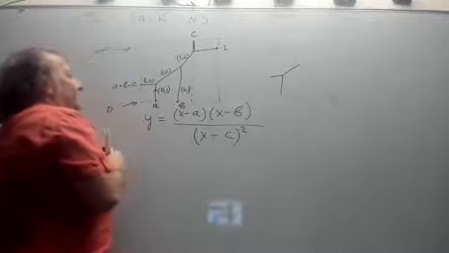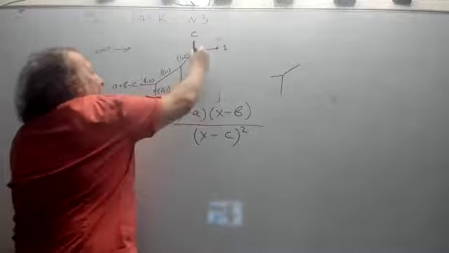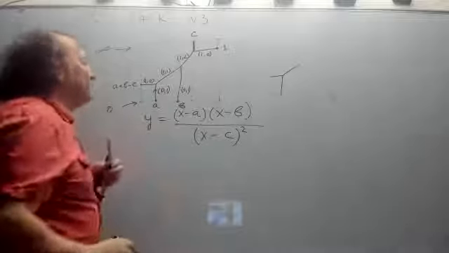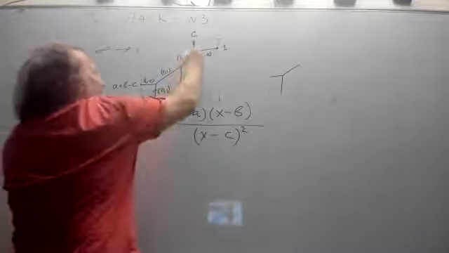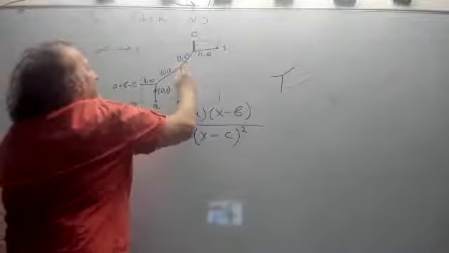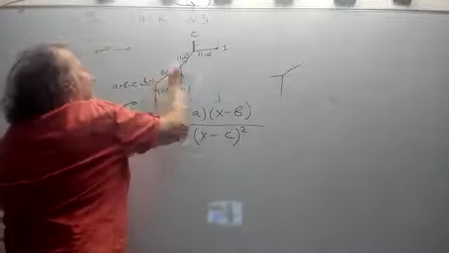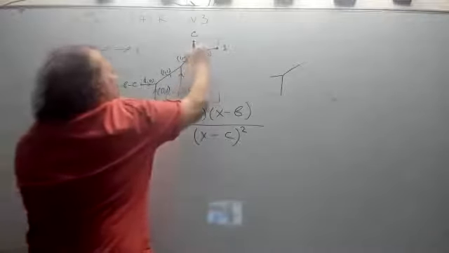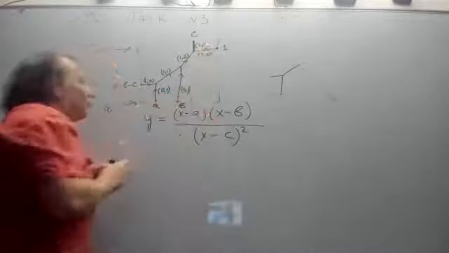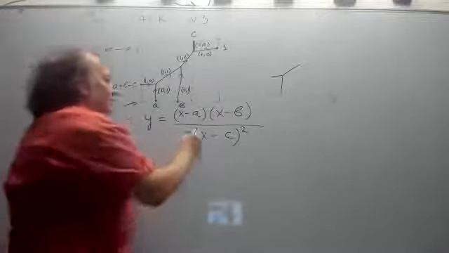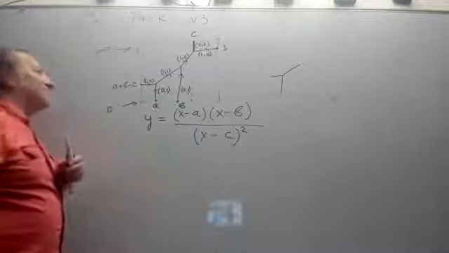Now, this line is a vector 1, 0. It's horizontal. And here, of course, we have the vector that is 0, 2. So 0, 2 is a vector corresponding to the second order pole.